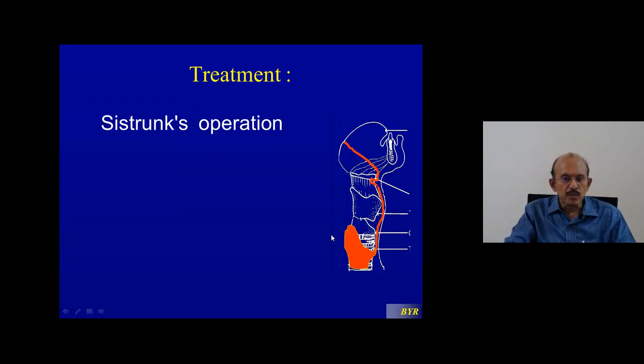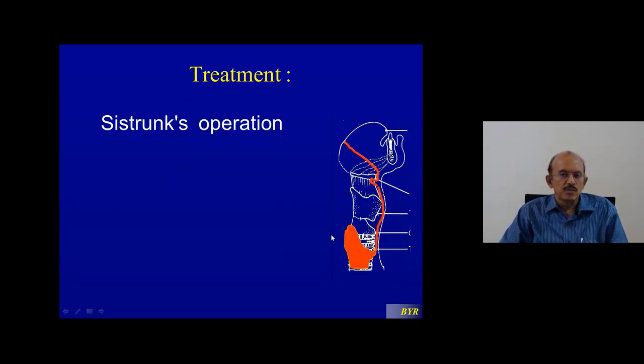So what is your treatment? Tell me. What should you do? A patient with thyroglossal cyst comes to you. I told you, if you just remove the cyst, because the tract is still remaining, the patient may develop recurrence of cyst in any other part of the tract.